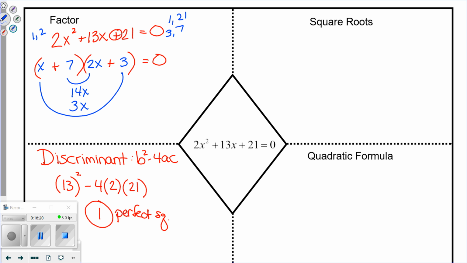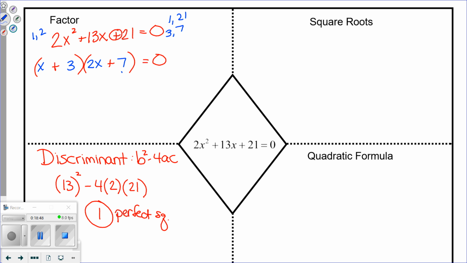No. The only time it really doesn't matter is if your numbers with the x's are the same, then it wouldn't matter. All right, so since that didn't work, your next choice should be to just flip-flop these and then check that. So that gives me 6x and 7x. Will that make 13x? Yeah, so then that's how it factors.